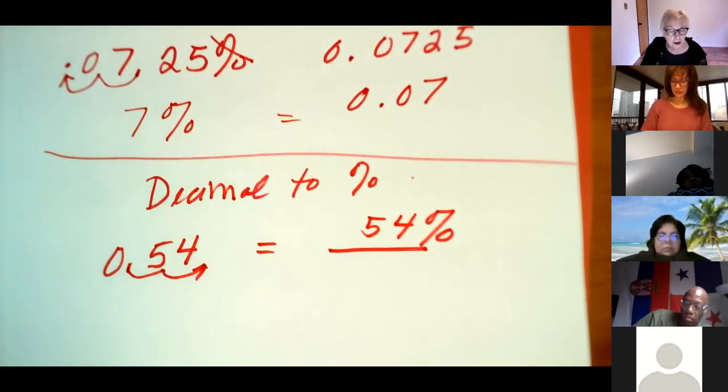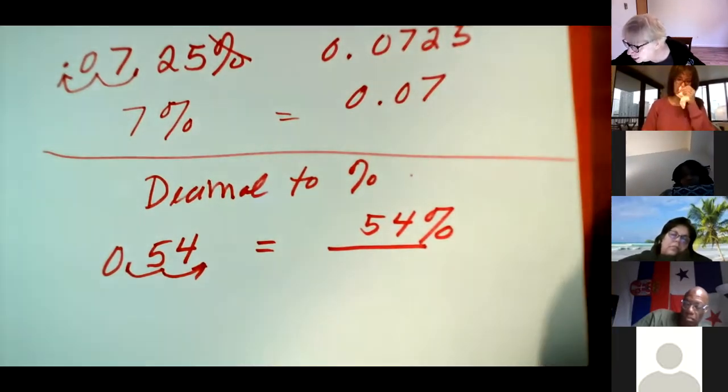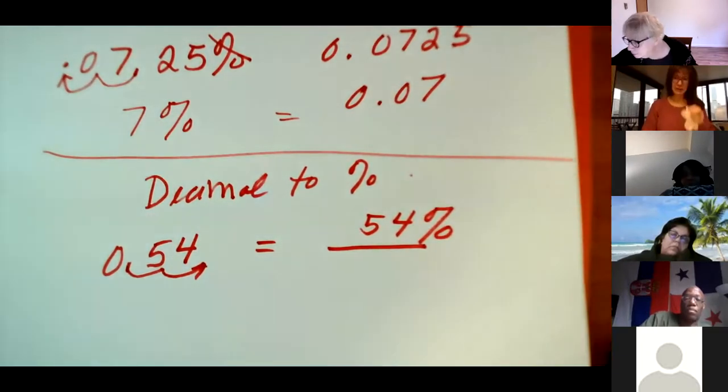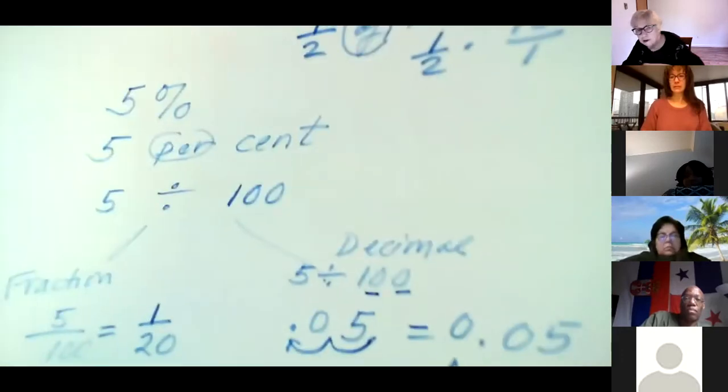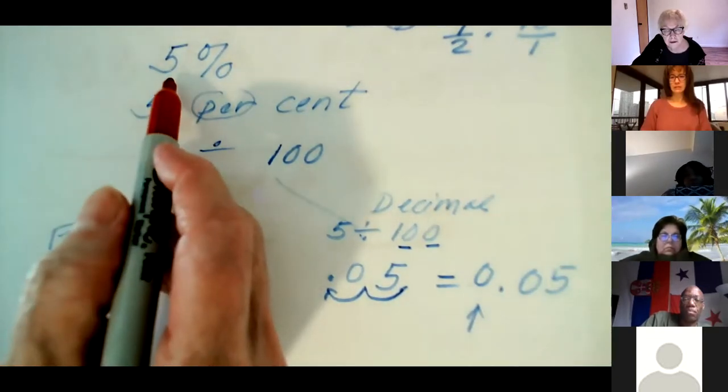Now, why all the fuss about going back and forth between fractions and decimals and percents? If I can find the right page, I'll tell you. Here. Very first page. If I'm going to do a computation, 5% of something, I can't use the 5.